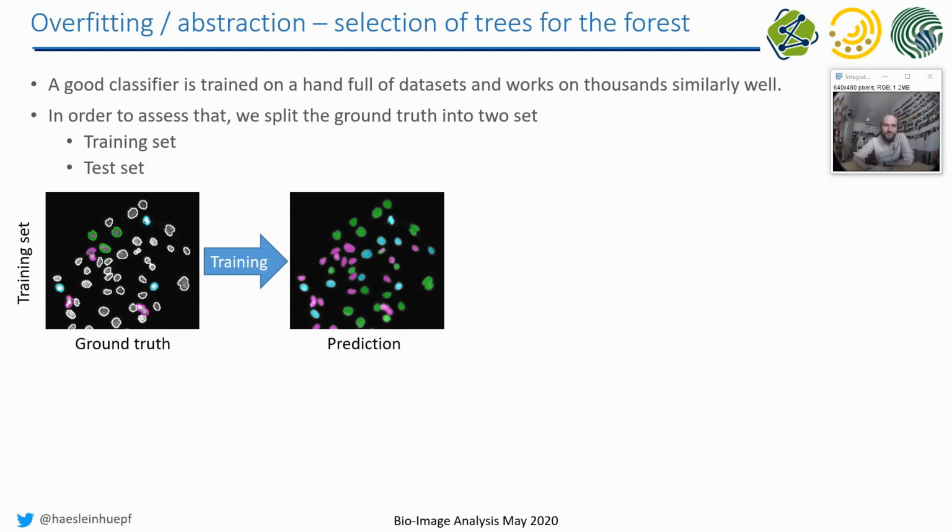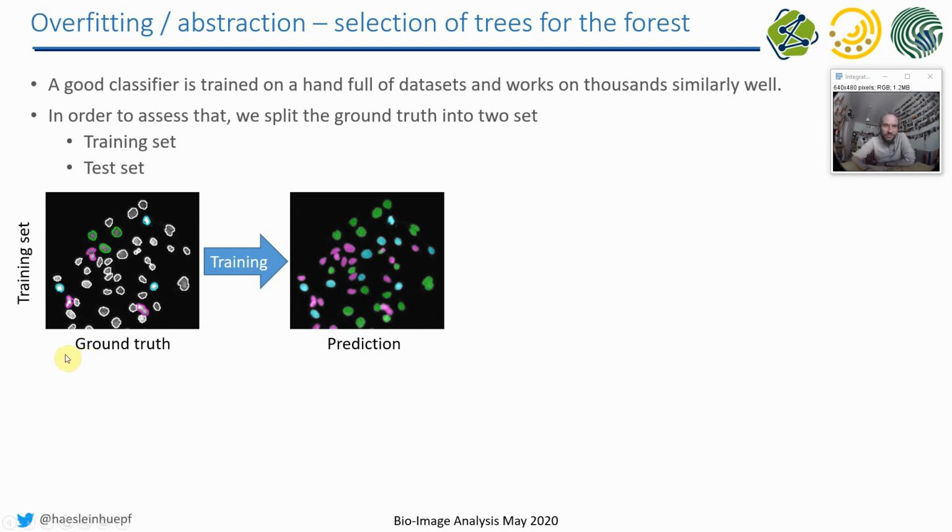That's important because if my algorithm can only process the individual image it was trained on, then it's not really worth using, because I can outline my image manually anyway. I have to do it for the training. So if an algorithm is able to abstract a decision on a different data set, that's an important measurement. And therefore, we do the following.